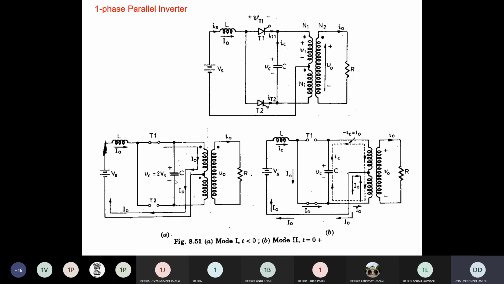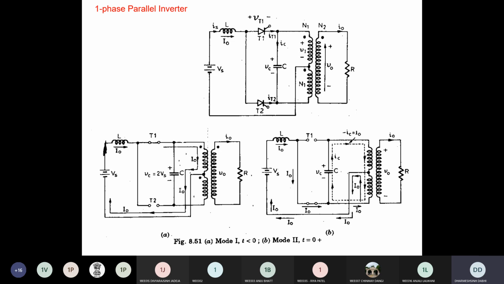Now what will happen with the primary? Current is flowing through T1, so the voltage across the primary V1 is the same as the supply voltage. Here the voltage across the capacitor is 2 Vs, so the same 2 Vs comes across the whole primary winding.